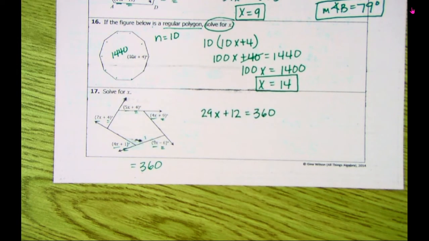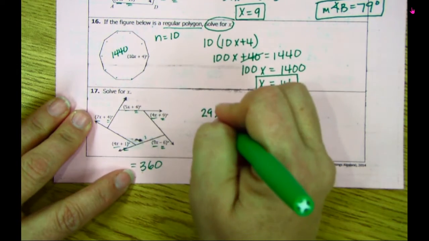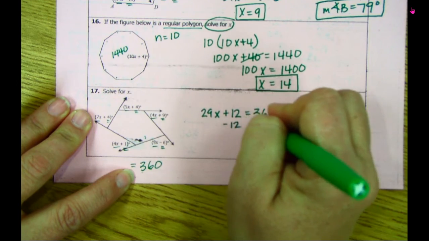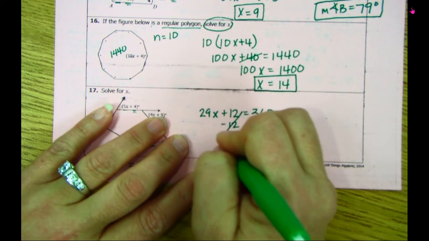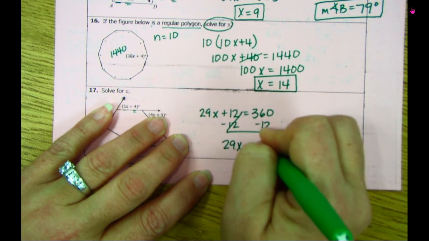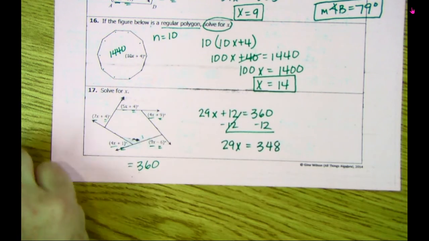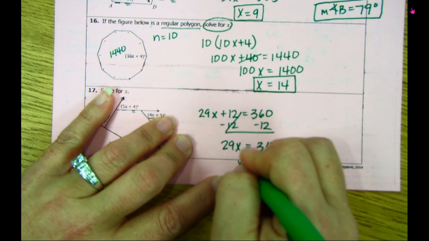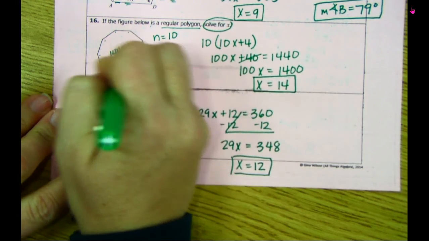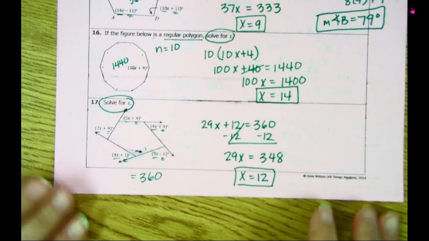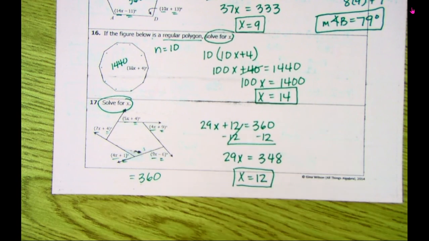So add your x's, add your numbers. Subtract 12. 29x equals 348. And now divide by 29. And it just said to solve for x, so I do not have to plug it in. And I am done.